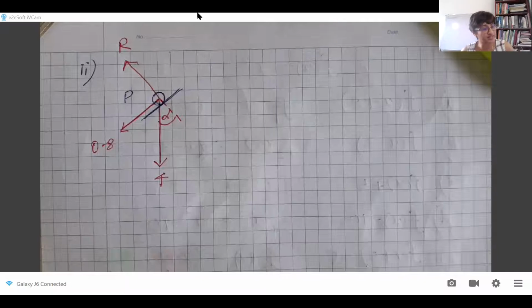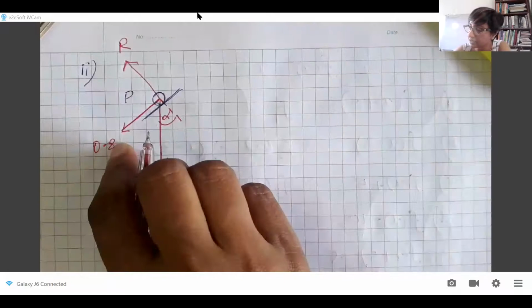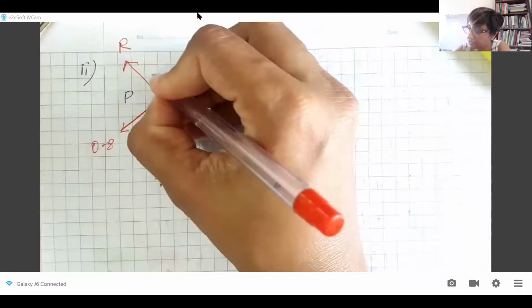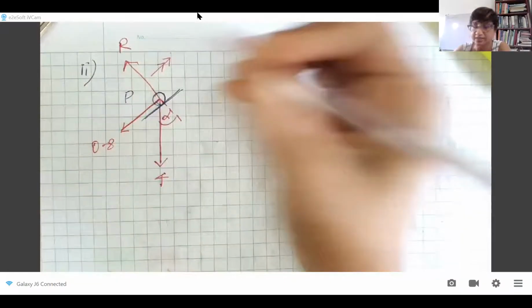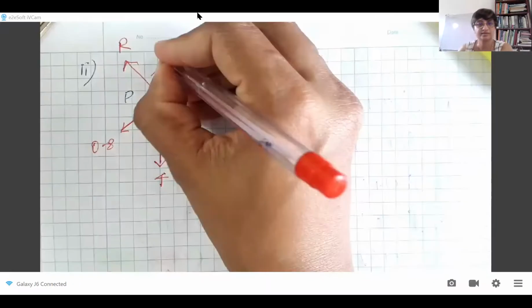If you want, you can find the smallest force that you need. Okay, no need to go there. So if it is 0.8, then it would be trying to go up. This is not enough to stop it. So it will be going up, accelerating upwards. So I will mark the acceleration with a double arrow, right?